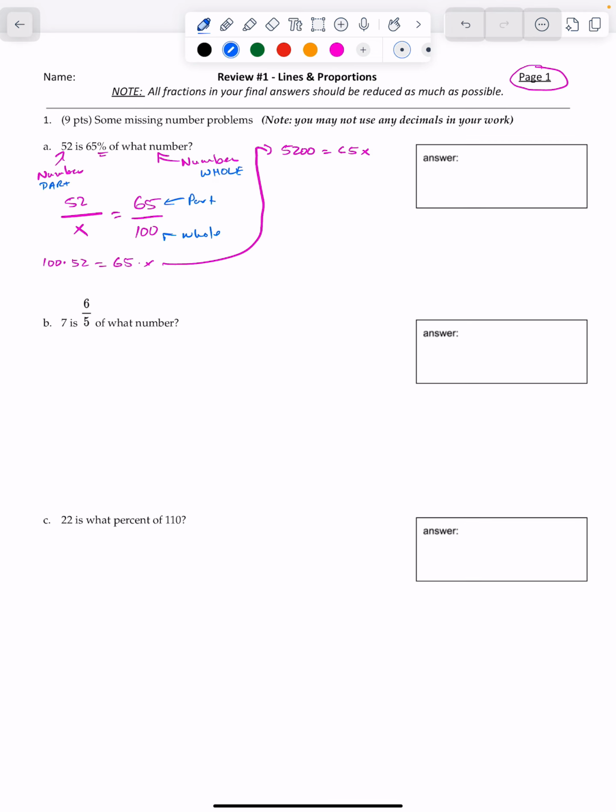Let us divide through by 65. Boom, boom. So we just have x left over on the right-hand side. And on the left-hand side, I guess I should have my key in front of me here. I hate using calculators. 5200 divided by 65 is 80. So 80 is our answer.